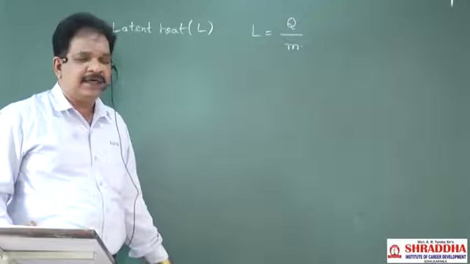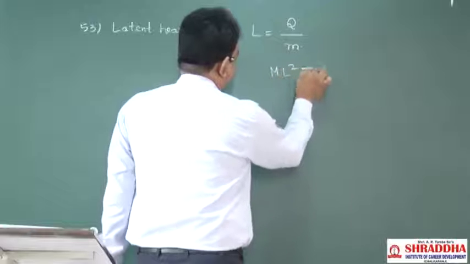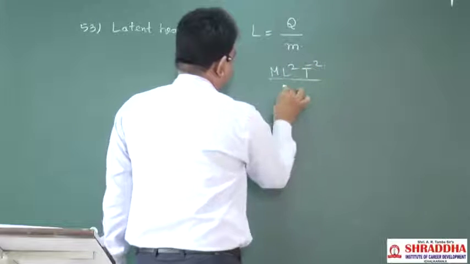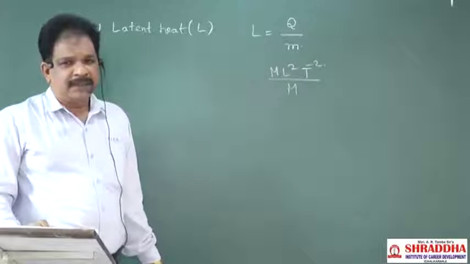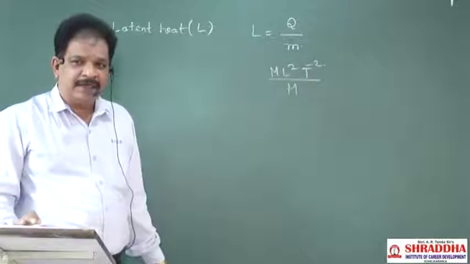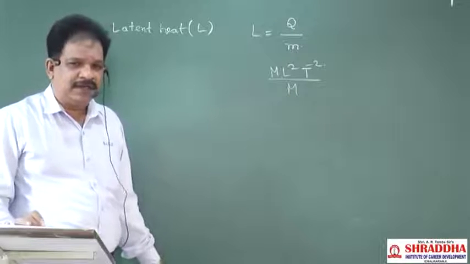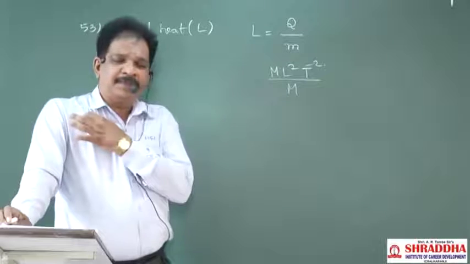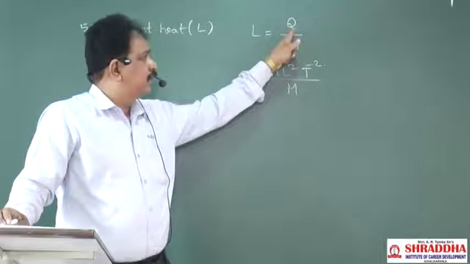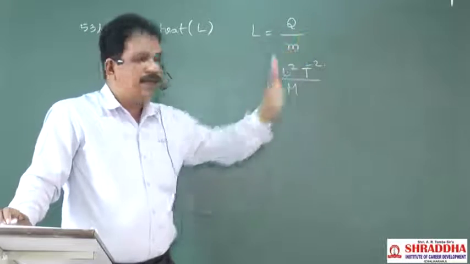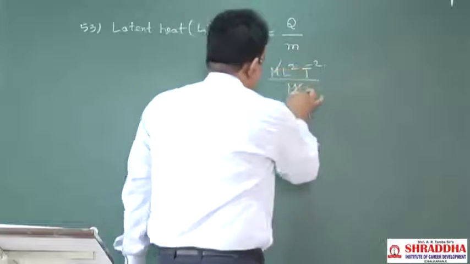So, what will be the dimensional formula? Tell me. Q, heat energy, M L square T power minus 2. M will be mass. At this time, you may not know what is meant by latent heat or specific heat, maybe. But remember the formula, write the dimensional formula. So M will cancel.